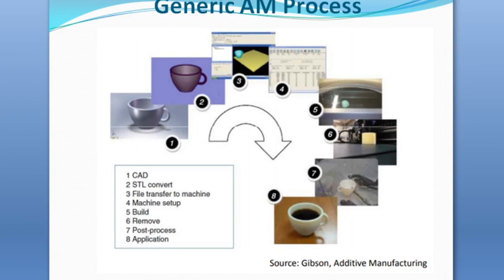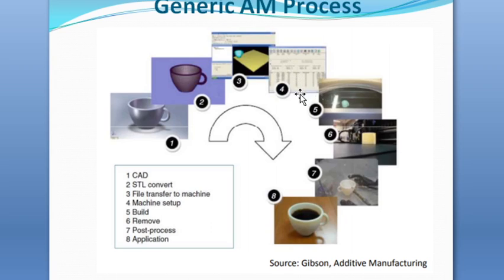First, the CAD model is developed from any modeling software, CATIA, Creo, SolidWorks. Then the next stage is STL conversion. The created model is converted to STL file format. The third step, the STL file is transferred to the machine. Then the machine is set for layer thickness, speed, processing speed.